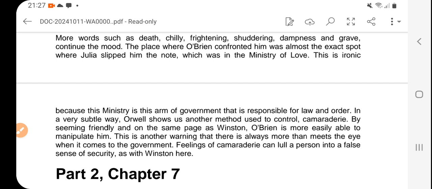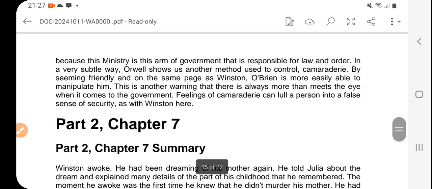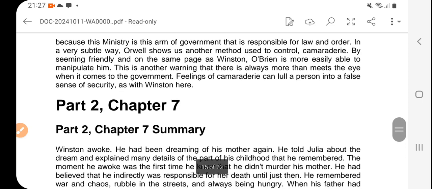Winston's gut feeling says that something bad is going to happen. And this is ironic because this ministry is the arm of government responsible for law and order.